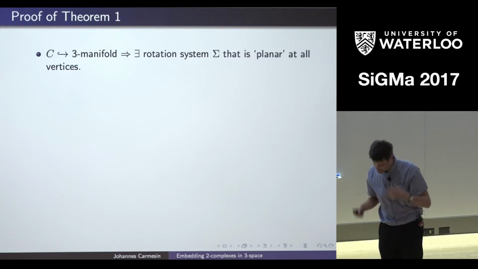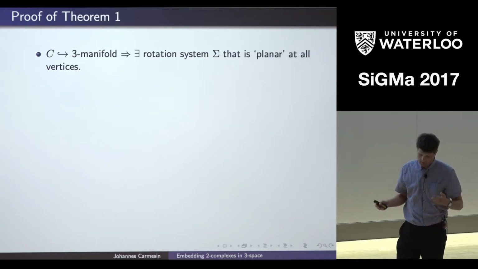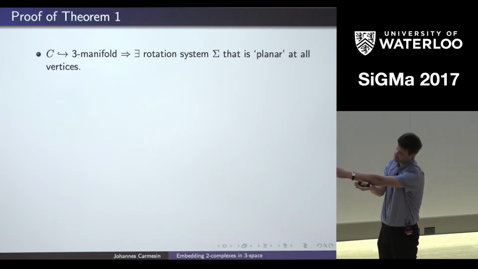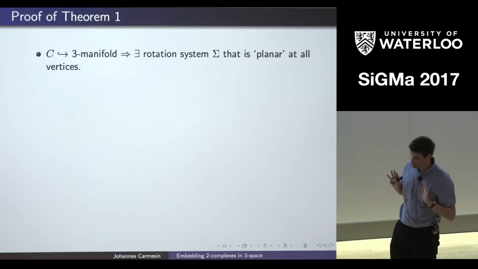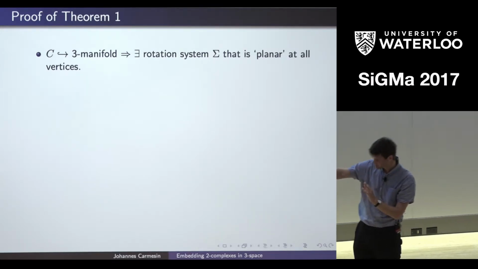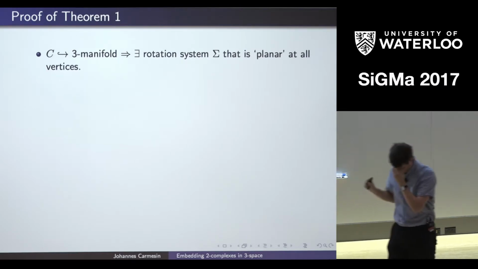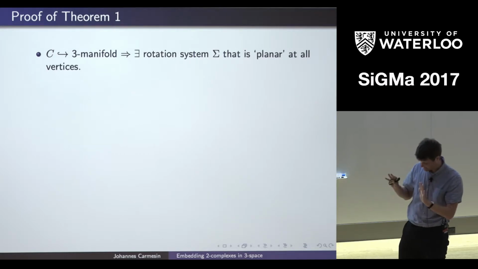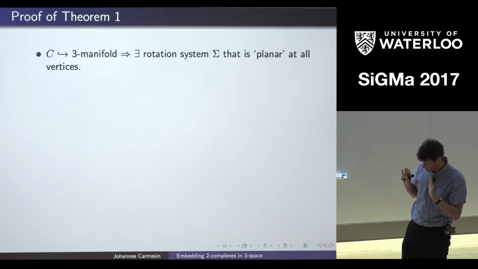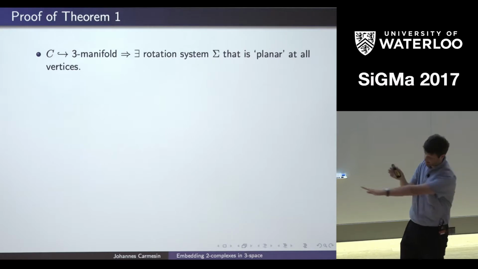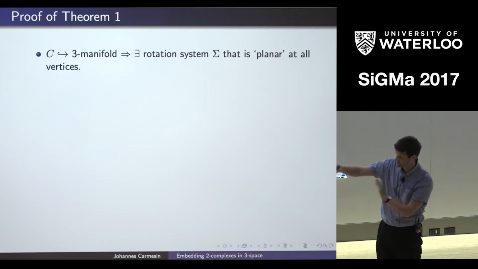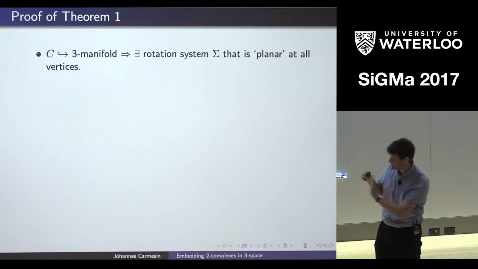Right, so to summarize, if your 2 complex is embeddable, you get a rotation system, so the cyclic orientation at all the edges of the incident faces, that at each vertex projects down. This cyclic orientation of the incident faces projects down at every vertex of the complex.